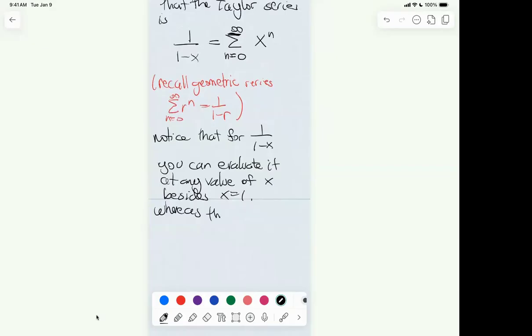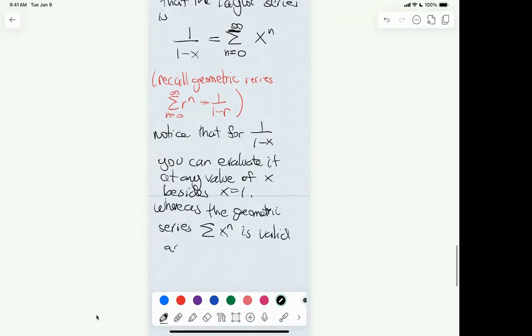The geometric series is valid as long as x is between -1 and 1.